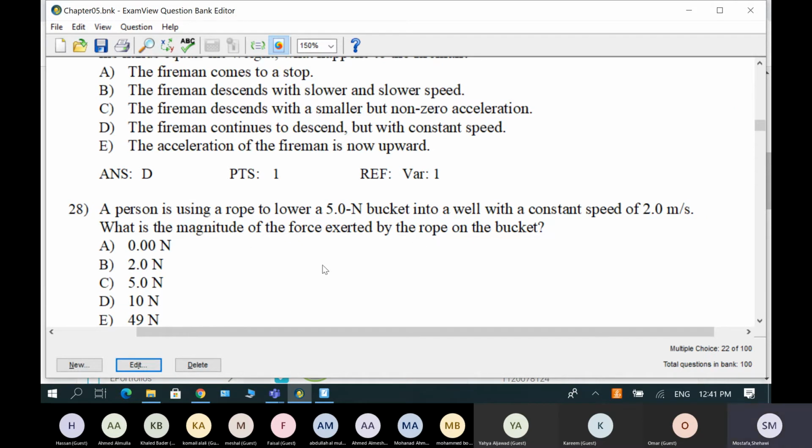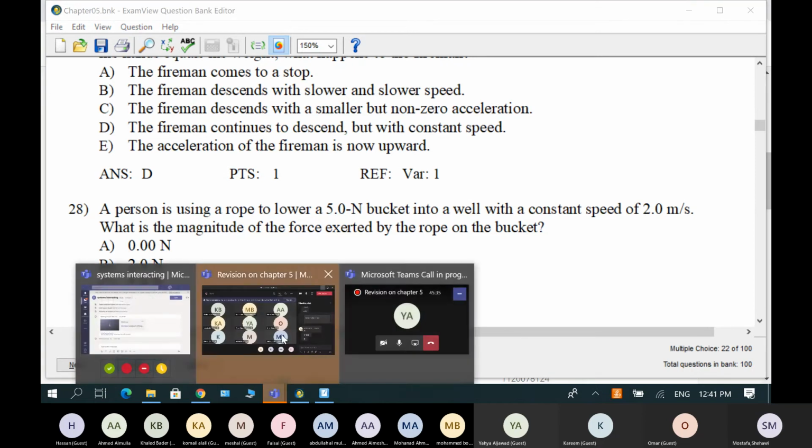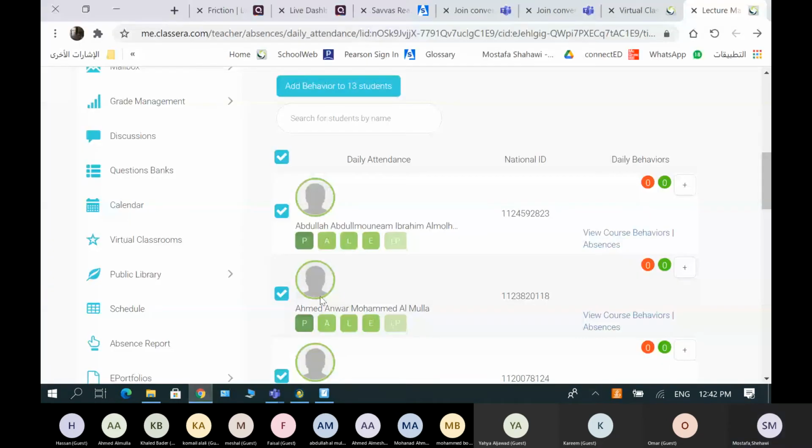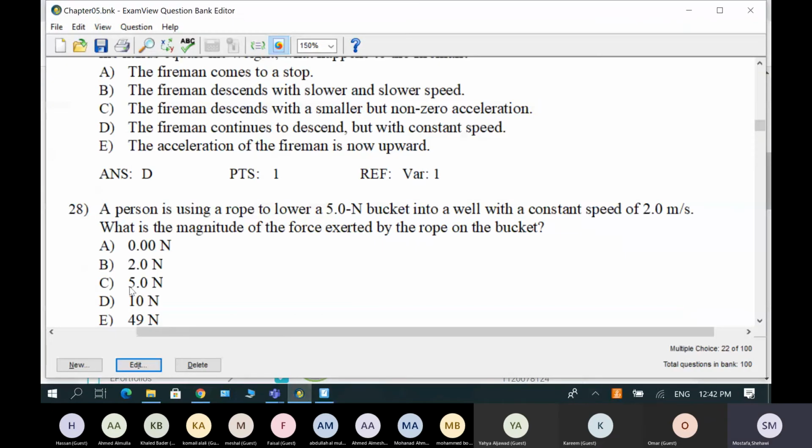What's your answer, Abdullah? The answer is C. Okay, let me see the C. 5 Newton. Yes, that's true.